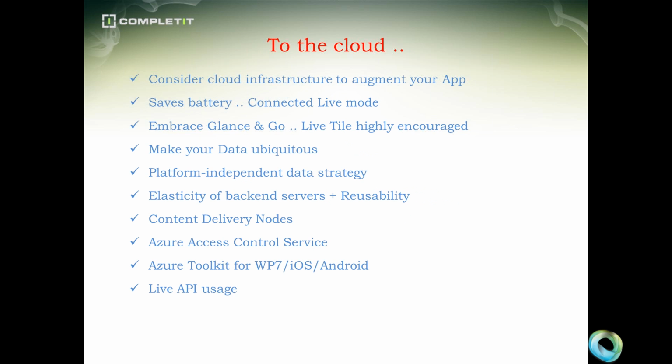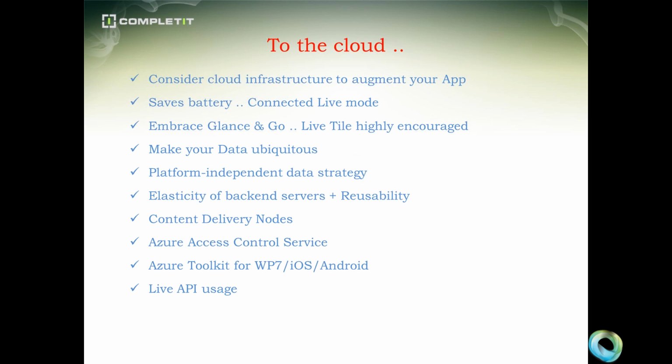If you anticipate quite a bit of usage, or even if you don't, you should look at Azure, you should look at Amazon services and other cloud providers, maybe even just your local ISP, to have something like a service that's running outside of your phone. Because that way you can have live tiles.